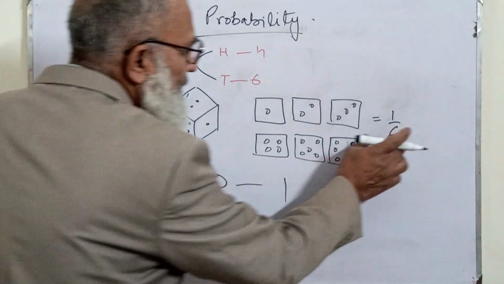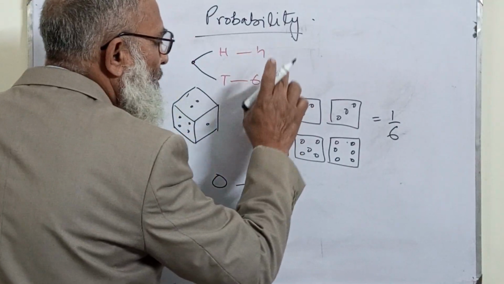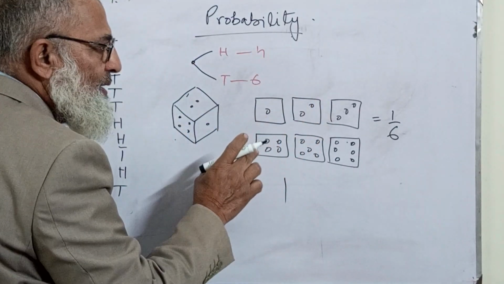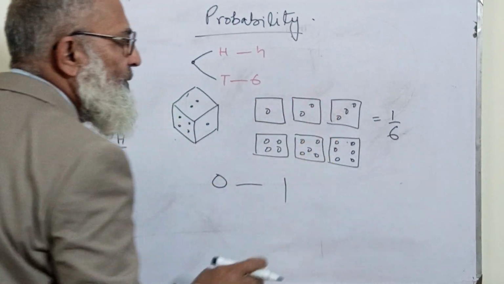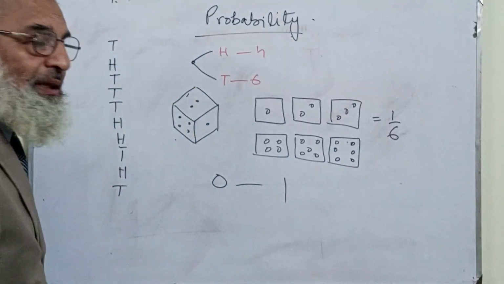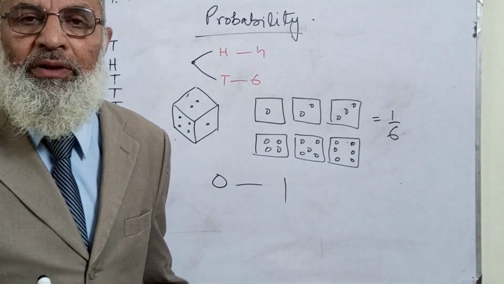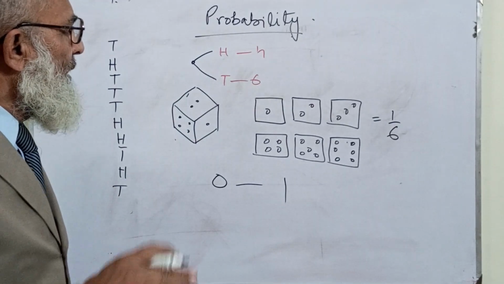There are 6 faces on the dice, so each has a 1 by 6 chance of getting on the top, and similarly for every other face.